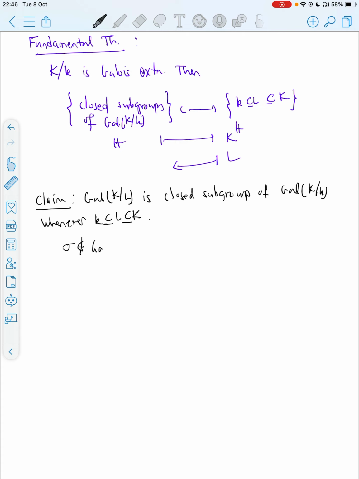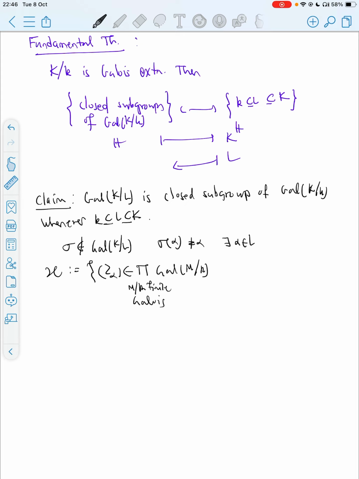Say sigma. So what does it mean? Sigma moves something in L, right? There is an element alpha, so that sigma alpha and alpha are different. So you take this open neighborhood, all the taus, such that the restrictions agree.